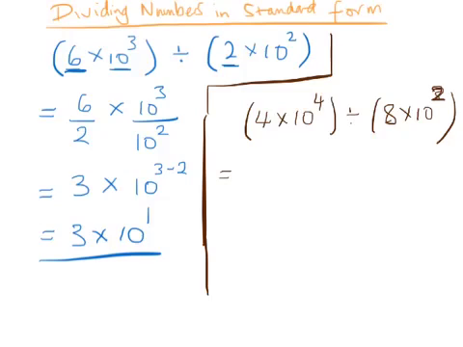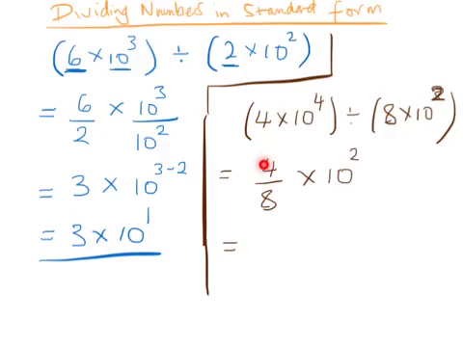Okay, so we're dividing, so we must divide the first numbers and then subtract the indices. 4 minus 2 is 2. So in other words, we take that number and that number, we do 4 divided by 8, and then multiply by 10 to the 4, take away 2, because the dividing means we take these away.